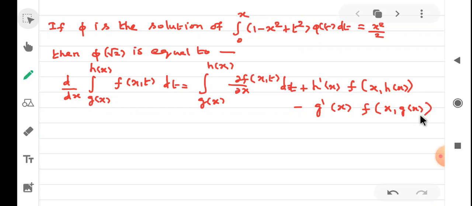Okay, so this is called Leibniz rule of differentiation under the integral sign.